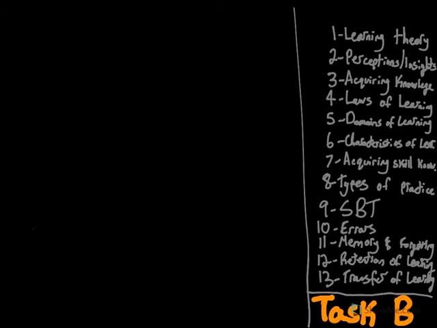Now, we briefly touched on information processing. Information processing involves the use of the senses. Well, so do perceptions and insights. So, a perception is going to be a note that we realize from one of our five senses.